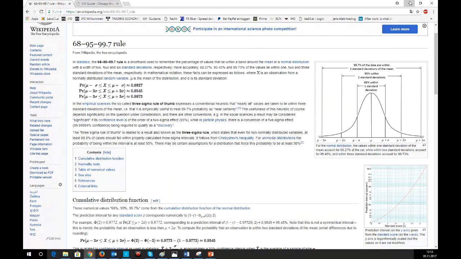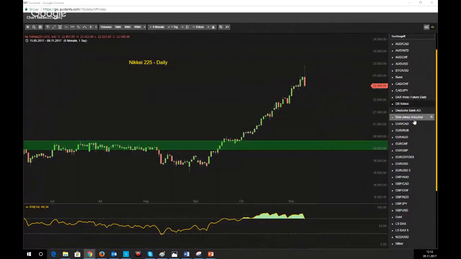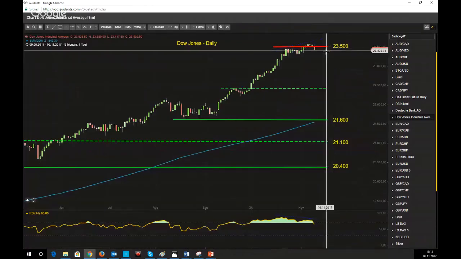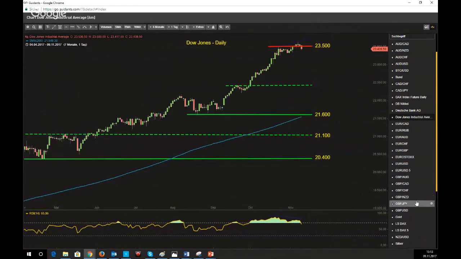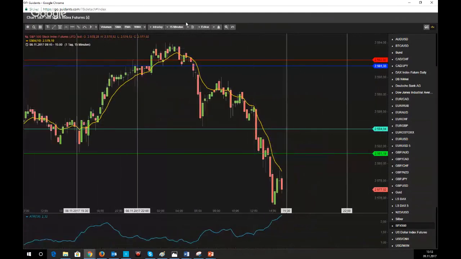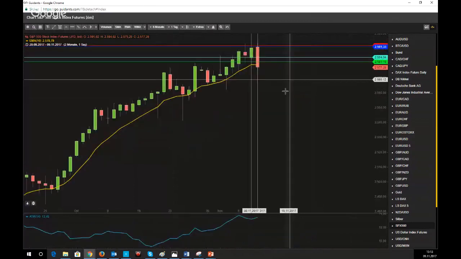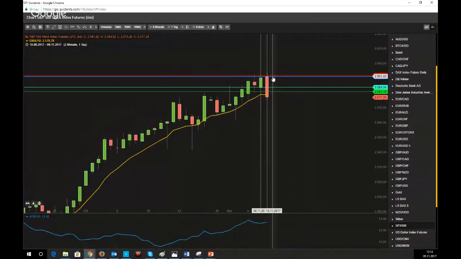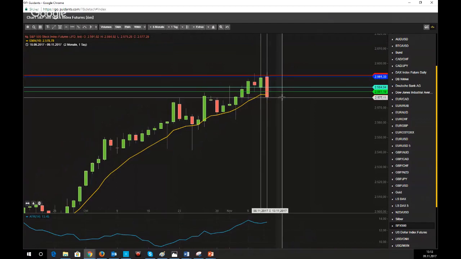Just imagine the following. So far, look at what happened in the Dow Jones, for example. But also if you go over to the S&P 500, so far nothing happened. Look at this candle right now: we're seeing a high at 2,591 and a low at 2,577.